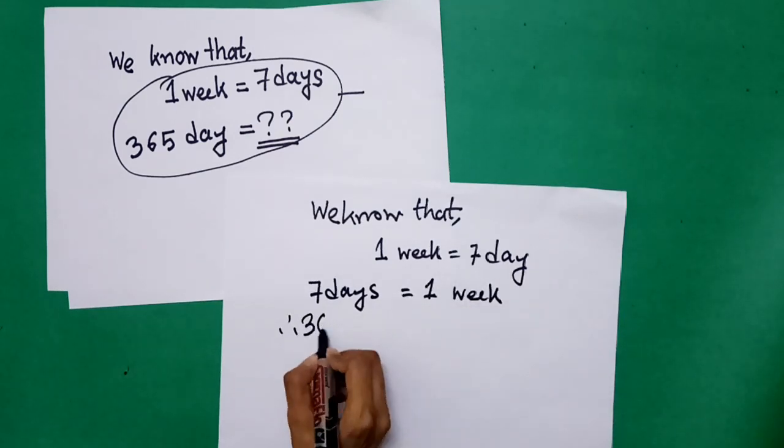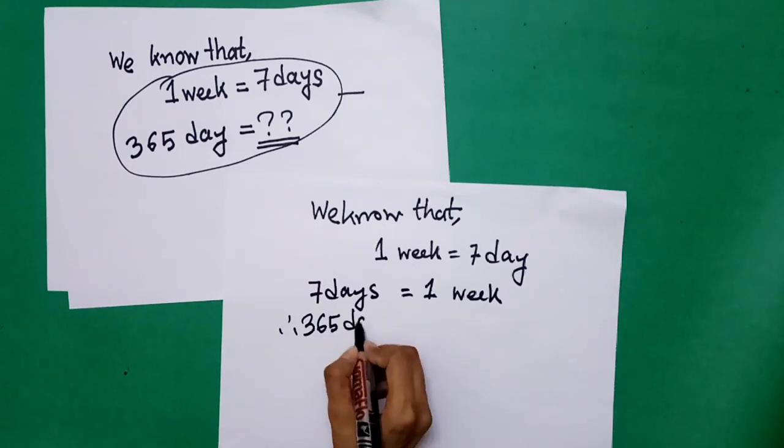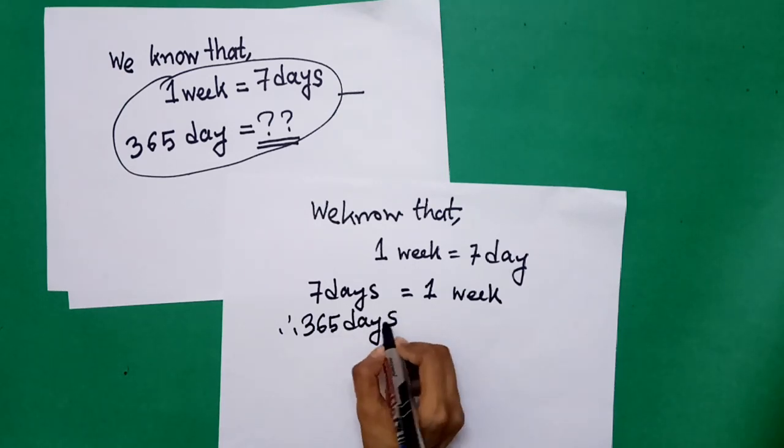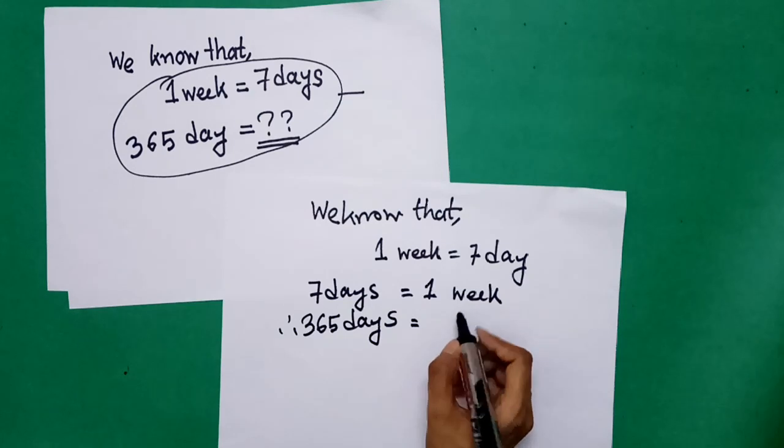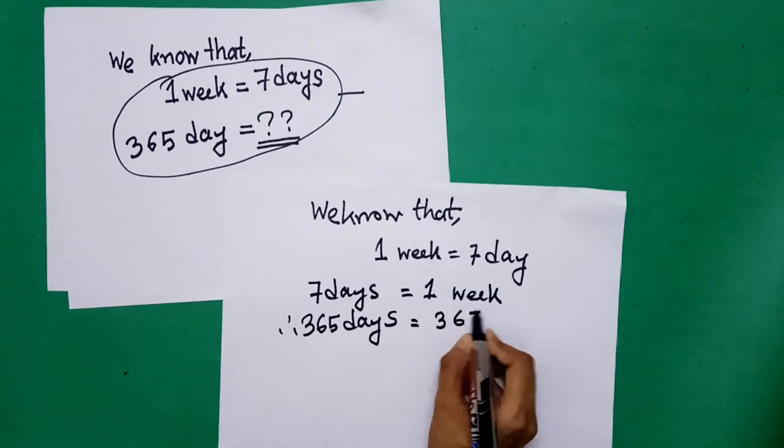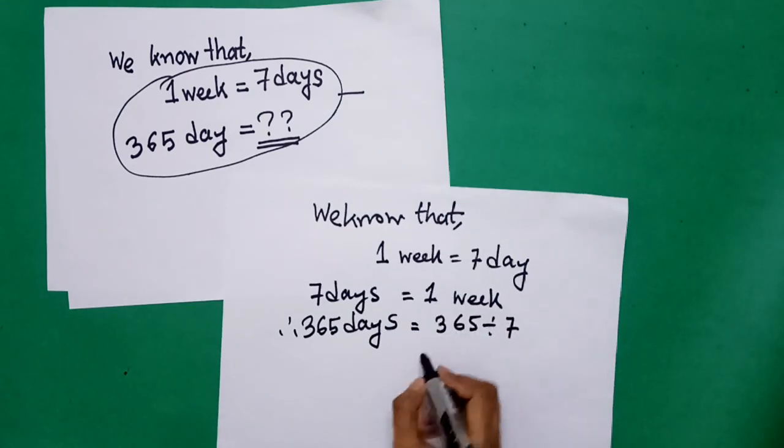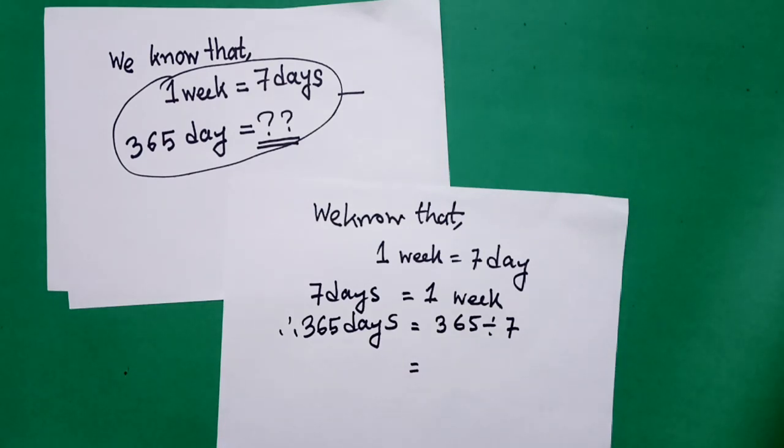Therefore 365 days equal 365 divided by 7.